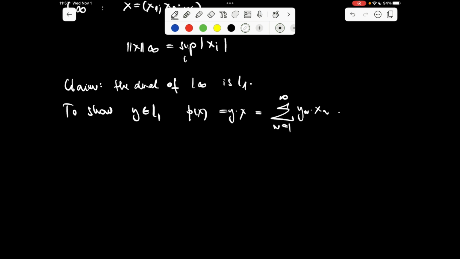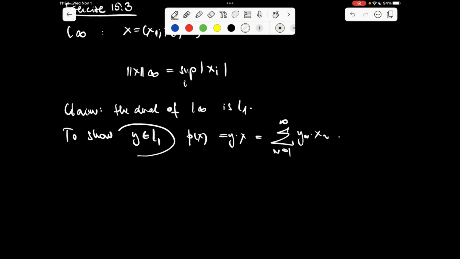What do we know about y? What do we know about this linear functional? We know that it is in L1. So given the fact that the linear functional is in L1, it is bounded in this norm.